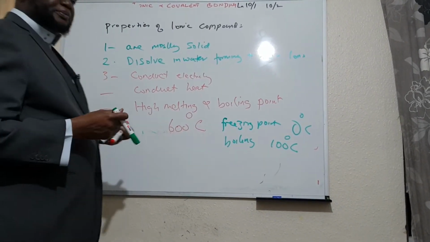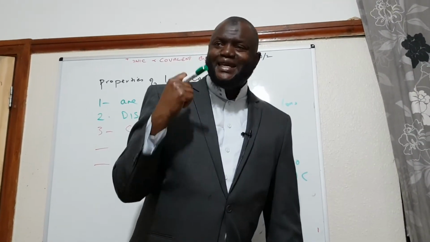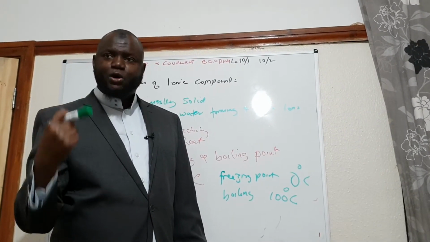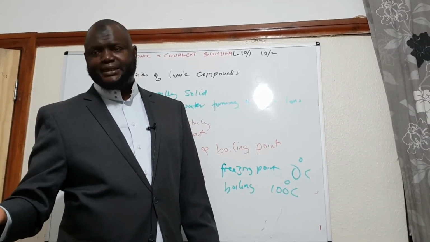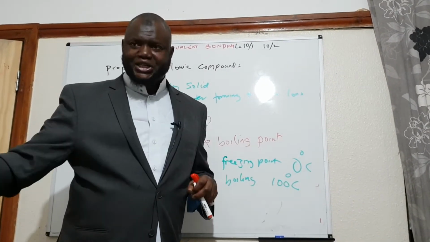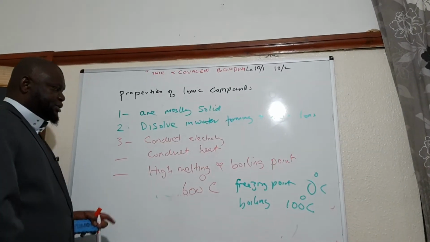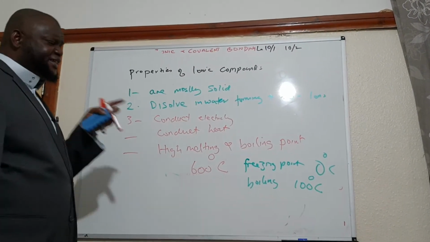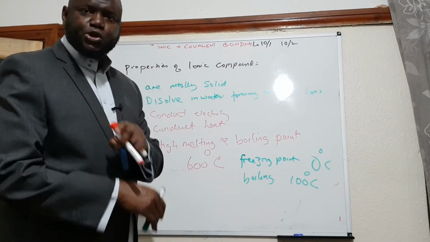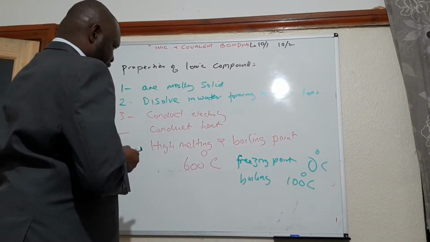Now, what is a boiling point and what is a freezing point? The boiling point is the temperature at which 1 liter, or 1 decimeter cube, of a liquid turns into gas, the point at which it changes state from liquid to gas because of high temperature being applied to it. The freezing point is at which it changes from liquid back to solid. So you have to get that right.